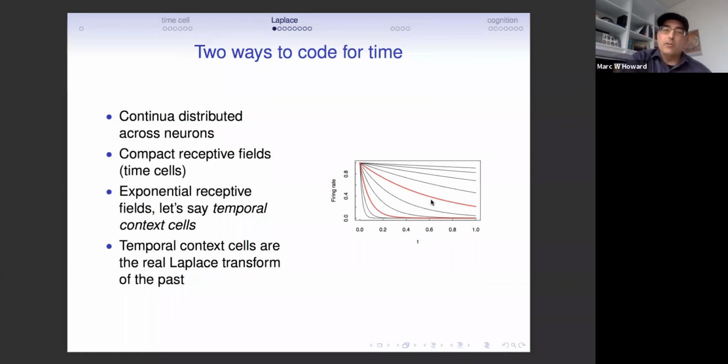This is also the real Laplace transform of the past. If you had a population of cells with a spectrum of rate constants, the reason we know they would be coding information about the past is they're the real Laplace transform. But we can omit that for a moment.